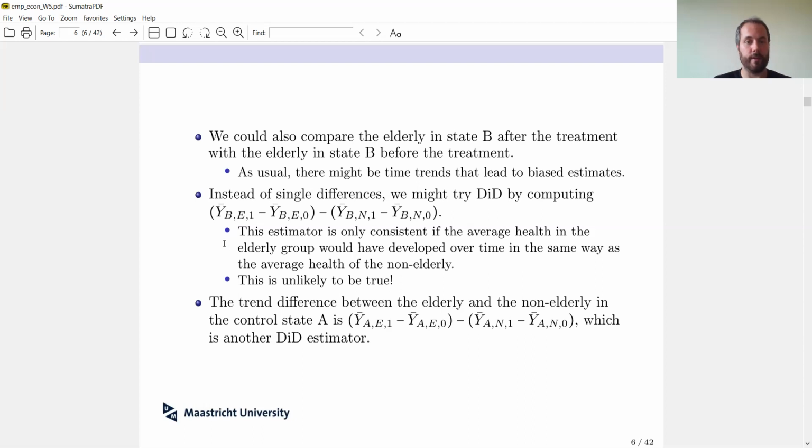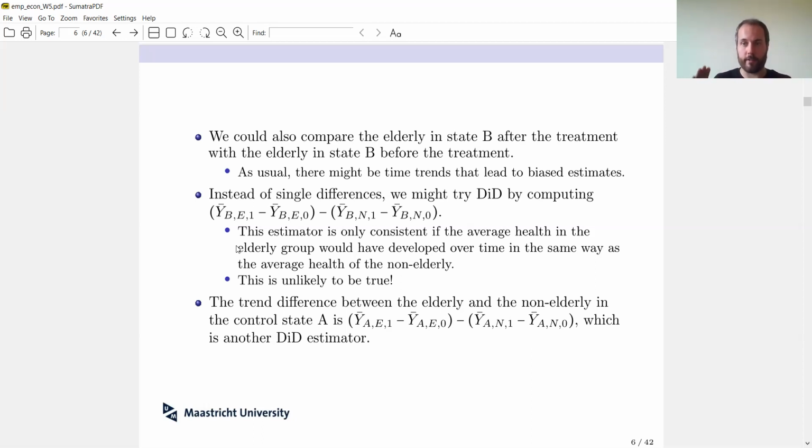So for instance, what we do here is that we take the elderly after treatment in state B versus the elderly before treatment, and we compare that with the non-elderly, the same thing, right? Post and before treatment, and everything is done in state B. Now, this would be consistent if the average health in the elderly group develops over time in the same way as the average health in the non-elderly group.